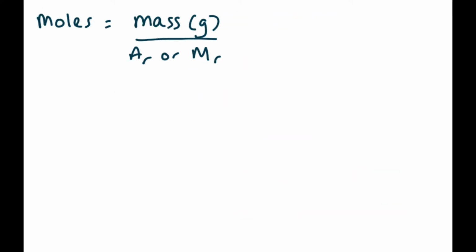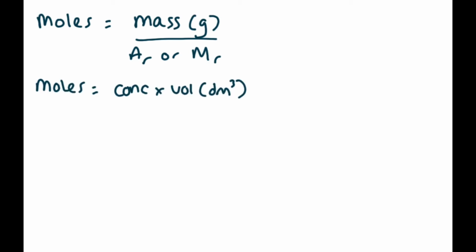Now, when you're doing moles calculations, it really does help if you can recall the 3 moles equations. If you're doing a calculation with a mass, then it is moles equals mass in grams over relative atomic mass or relative molecular mass. Sometimes they give you the mass in kilograms and you need to convert it into grams.